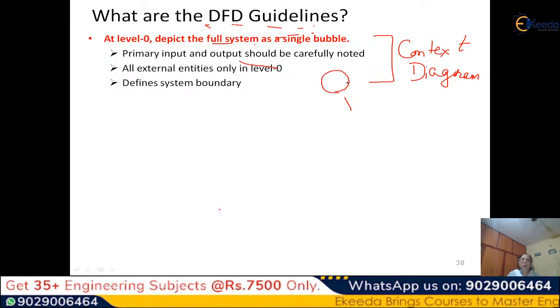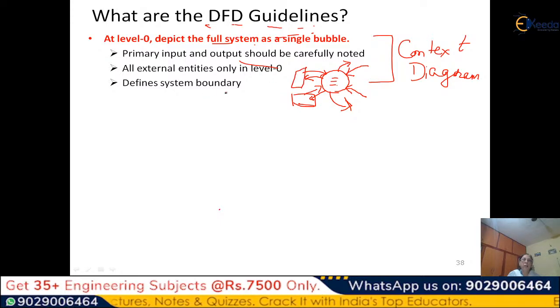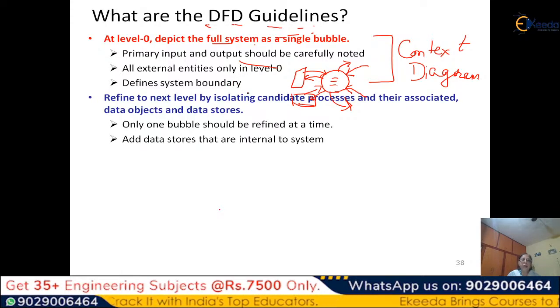This will define the system boundaries. Everything inside is internal, and everything outside is an external entity. Those entities will be interacting with the system, and some of it will be going out also, because the system will produce some reports and some outputs. Then we will have a lower level, refining it to the next level.